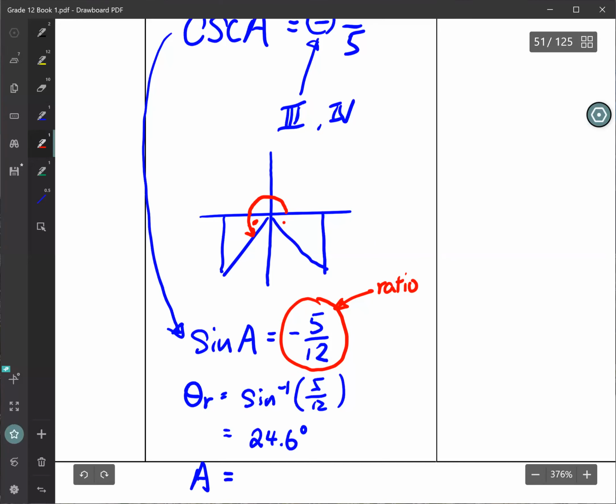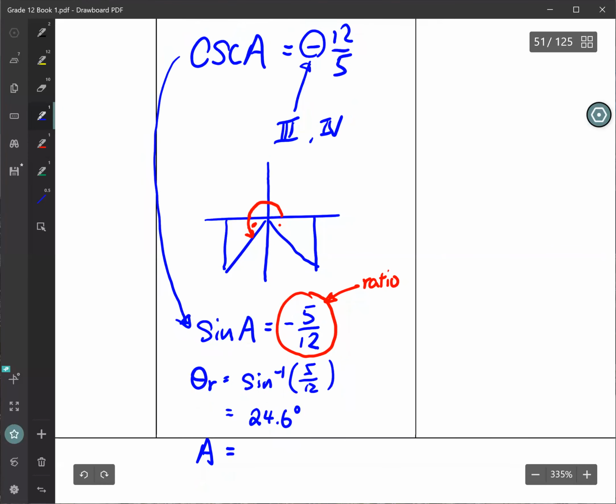So what do you do? Tiana? 180 plus 24.6. Yeah, use 180 to add 24.6 and what's that equal? 204.6. Yeah, so that's the first one.